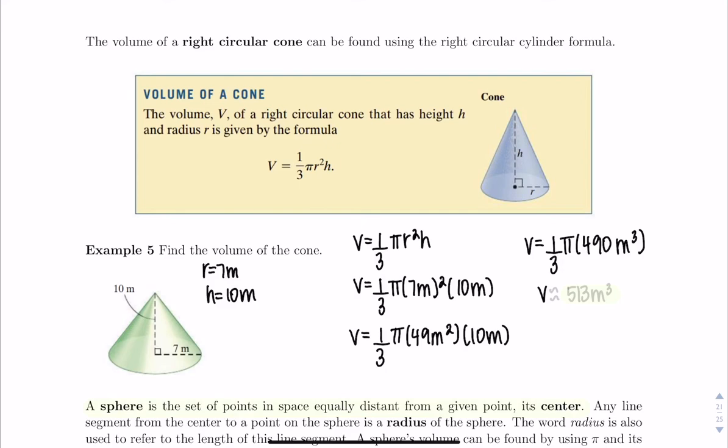So we would do 490 divided by 3, which is not going to give me a great number, and then multiply it by pi, or 3.14, and we get about 513 cubic meters.